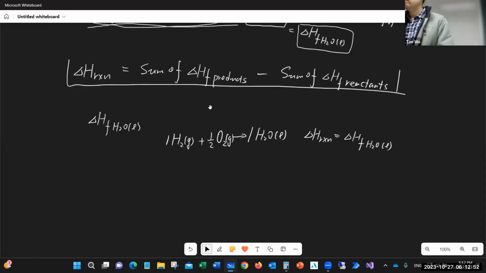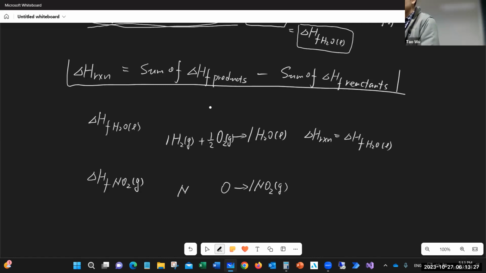And if we talk about something else, if we want to figure out the enthalpy of formation of NO2 gas, then again the reaction should be that we form 1 mole of NO2 gas, coming from the elements, those 2 elements where they form this compound.